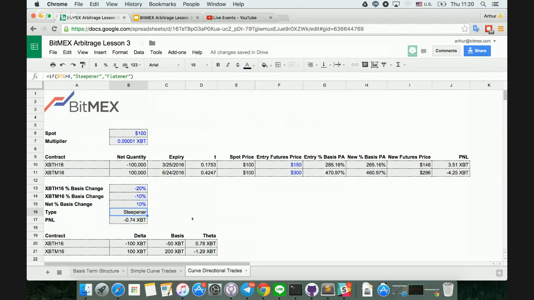Let's put on the opposite trade, a flattener. So the differential is going to narrow, and we'll change the direction of the trade around. This is a flattener, and again, the massive negative theta on M16 is working against us.